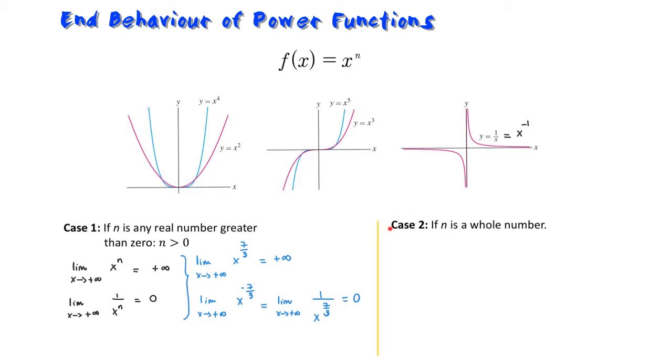Case number 2. What happens if n is a whole number? We're going to go ahead and simplify matters here by considering only exponents that are whole numbers. And the reason is because I want to consider now limits at negative infinity. And if the exponent of the variable happens to be 1/2, and let's say I consider (-2)^(1/2), then I know that this will be undefined as a value of the function.